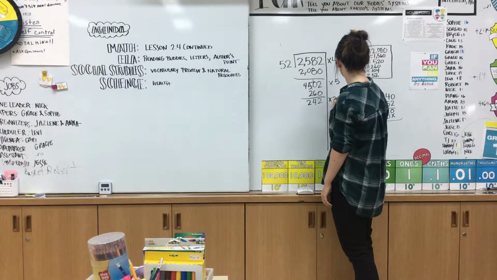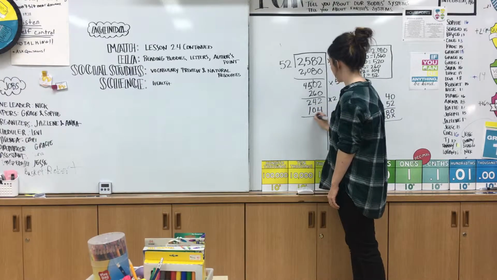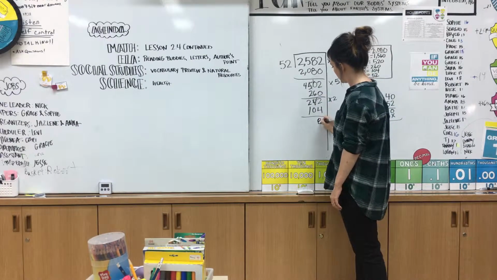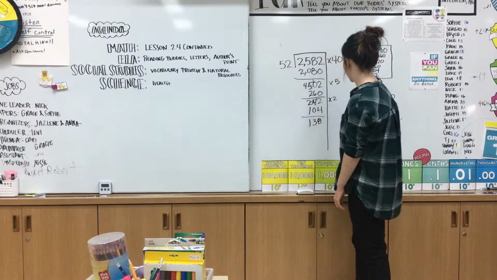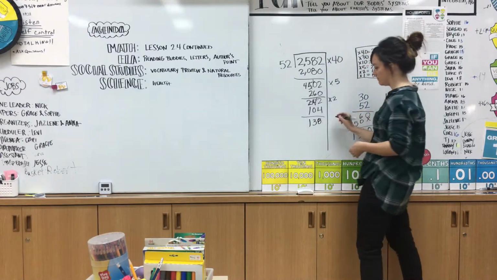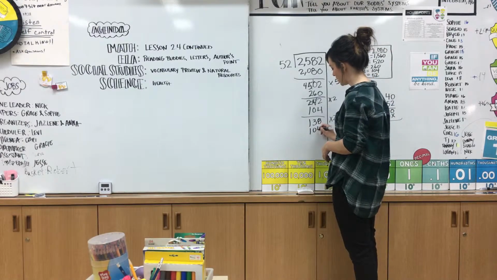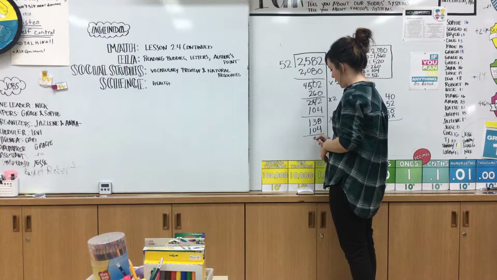So I'm going to do times 2. I already know the product, so go ahead and write that down. I subtract. And I know that I can multiply by 2 again. So times 2 on the outside, I already know it's 104 because I created my help box. I subtract, and now I have 34.